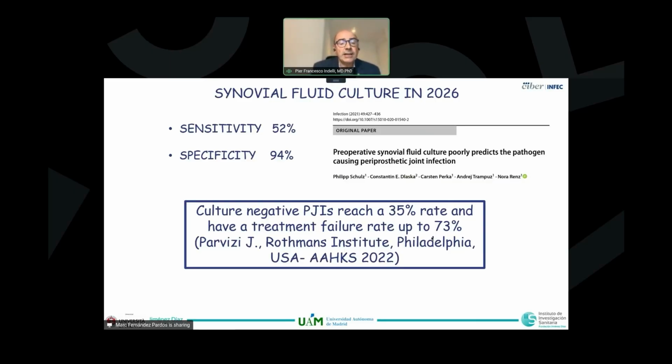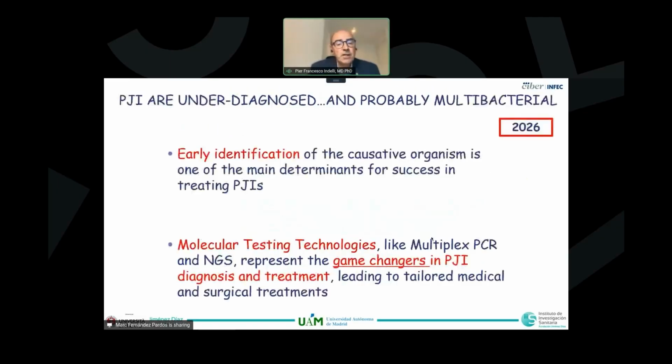And you can see here that the treatment failure rate is up to 73%. So we think that in 2026, PJIs are underdiagnosed and probably multibacterial. Early identification of the causative organism is one of the main determinants for success.